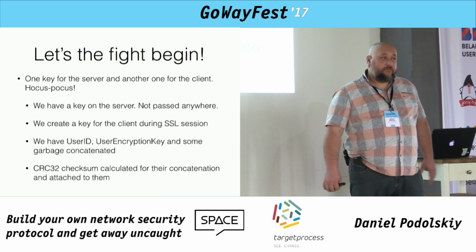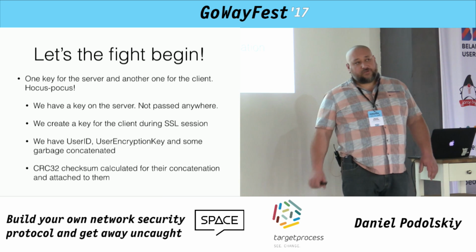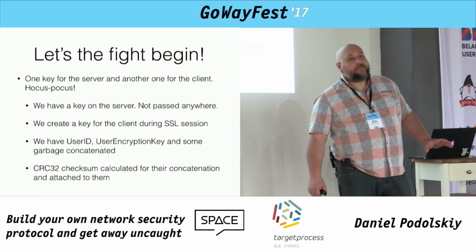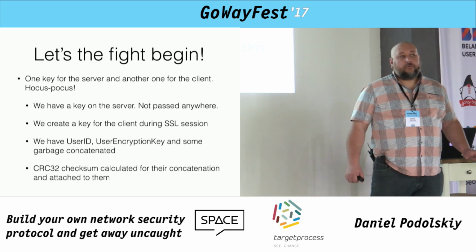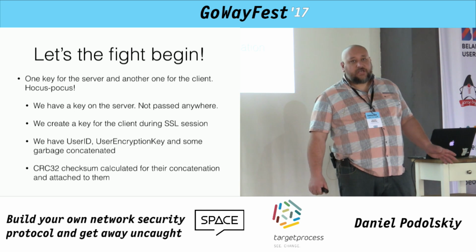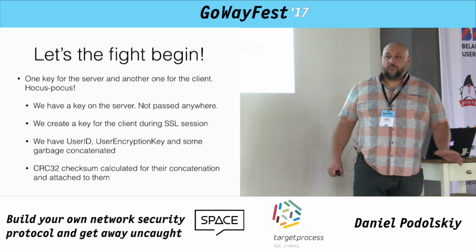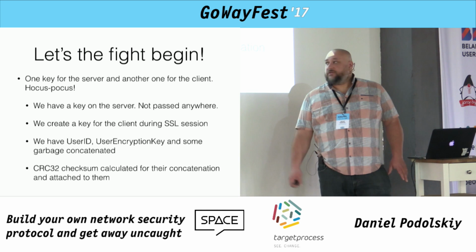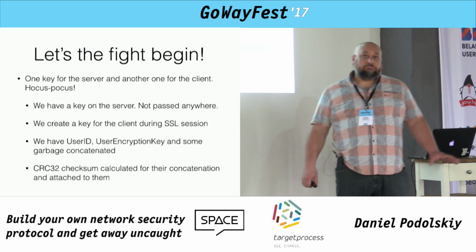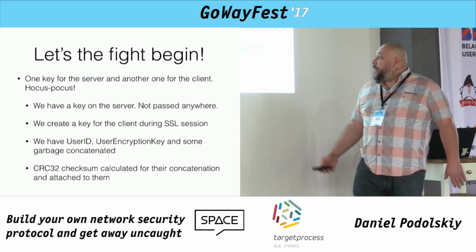CRC32 is good enough for this task. There was a big discussion inside the company about whether we should use SHA1 or SHA256. Finally, doing some math, we found CRC would be enough. I can explain why later, if you like.